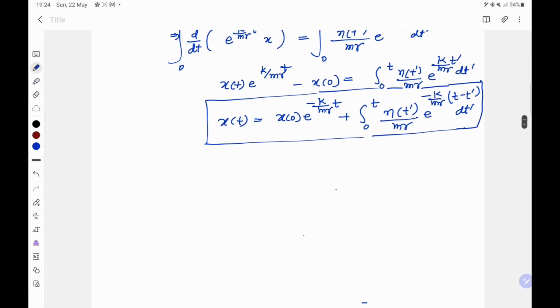Now one can take the average over all realizations of the noise as we have done earlier.